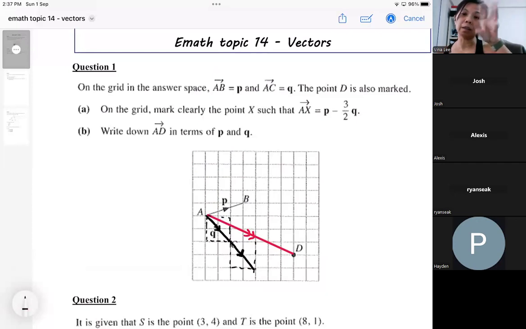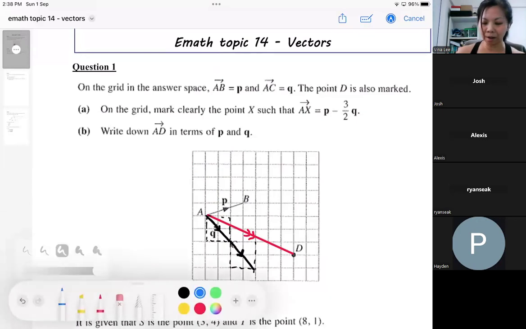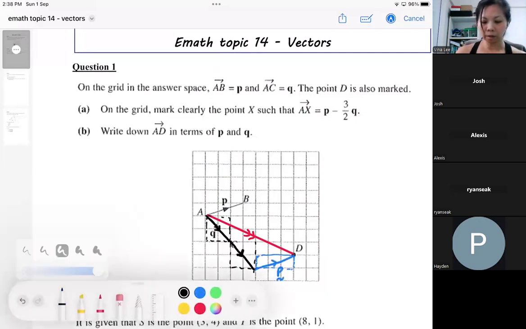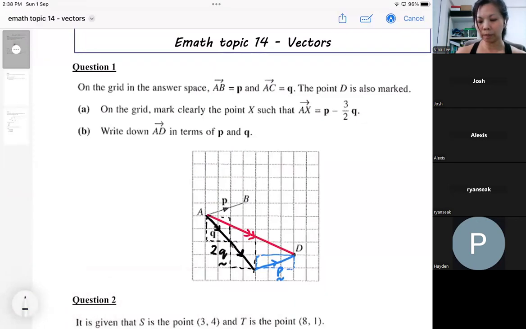I'm just trying in terms of the squares. After I try the 4 squares, I realized that this part is 3 squares. Remember just now I said every horizontal 3 squares will give you the vector P. So this part gave me the vector P, and this part is 2Q. So essentially AD is made out of 2Q and P.